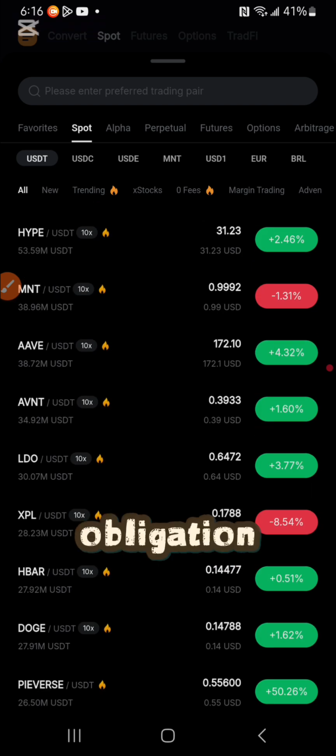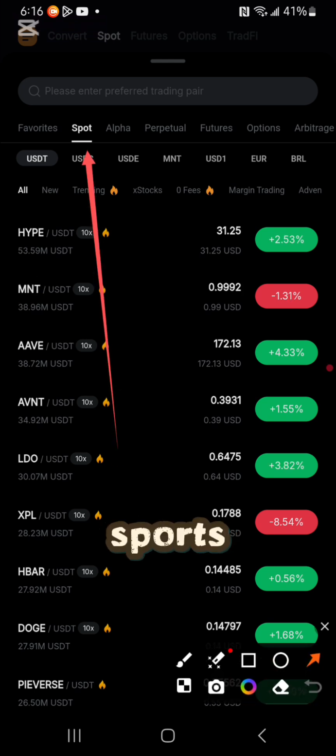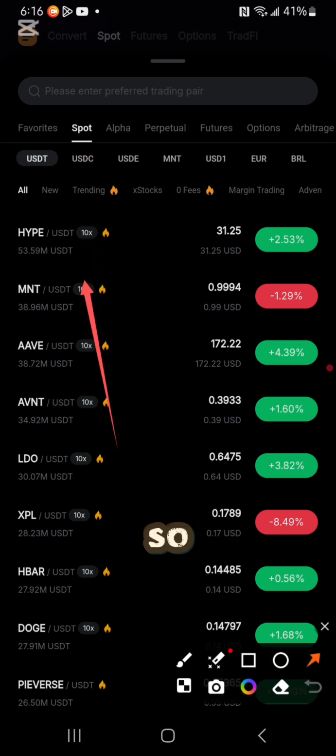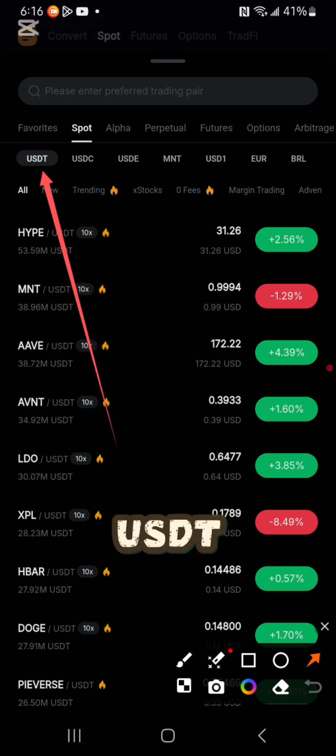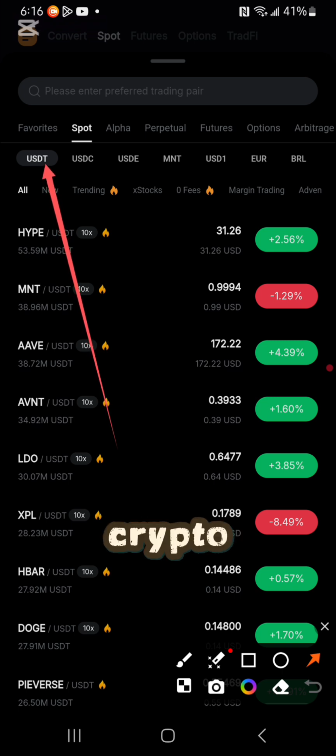Your obligation is to pick any one and make sure that you are on the spot section. On spot, we have to be on USDT as well, because that is the crypto we will be using to buy those other coins.